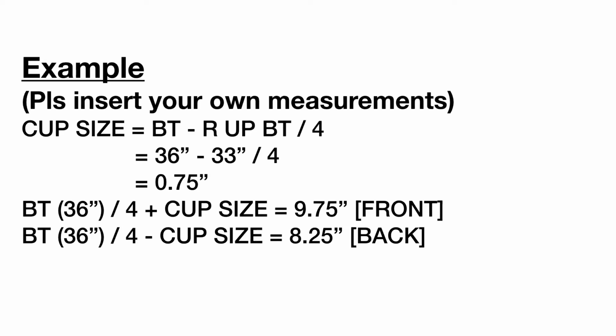That is what we're going to use to create the bustier effect. To get the bust for front, we're going to be using bust, which is 36 inches, divided by 4 plus cup size, and that is 9.75 inches. To get the bust for the back, we're going to be using bust, which is 36 inches, divided by 4 minus cup size, and that is 8.25 inches.